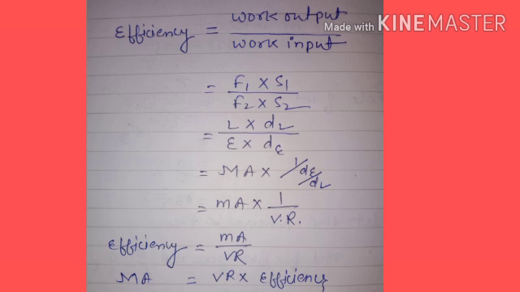In short, efficiency is equal to mechanical advantage upon velocity ratio. Cross multiply, you will get MA is equal to velocity ratio into efficiency. This relationship is very important from the numerical point of view. Learn this properly.